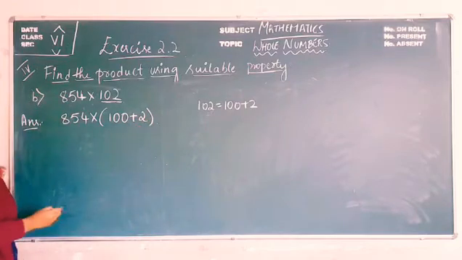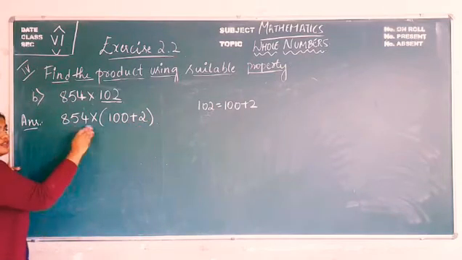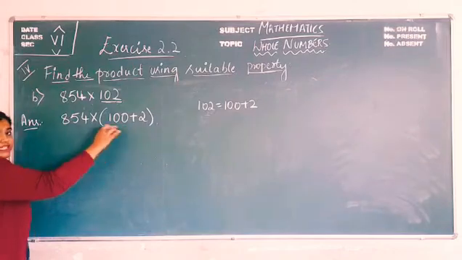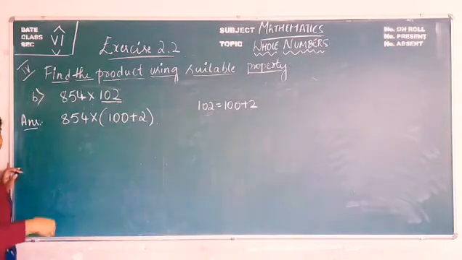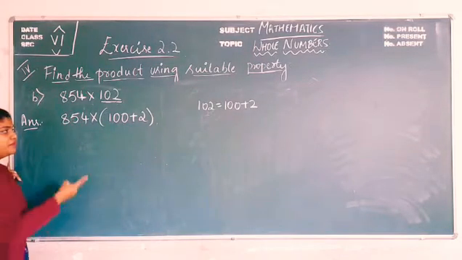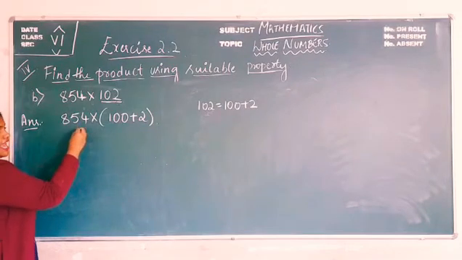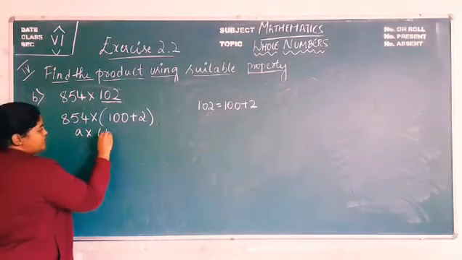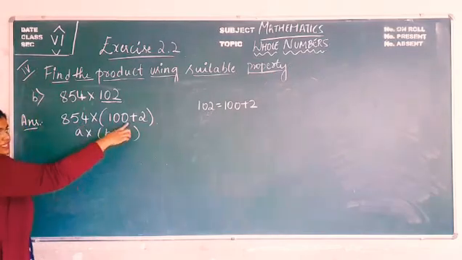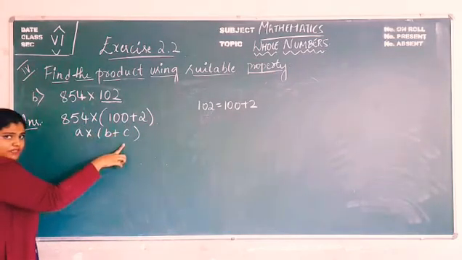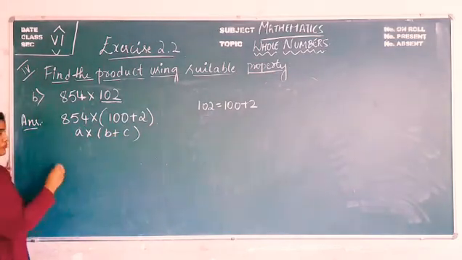Next. What is the next step? Yes, this is of the form A into B plus C. So it is distributive property. So you can see this equation is in A into B plus C form. So we can use distributive property.